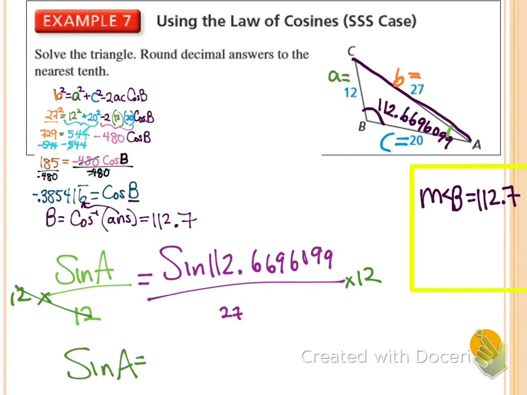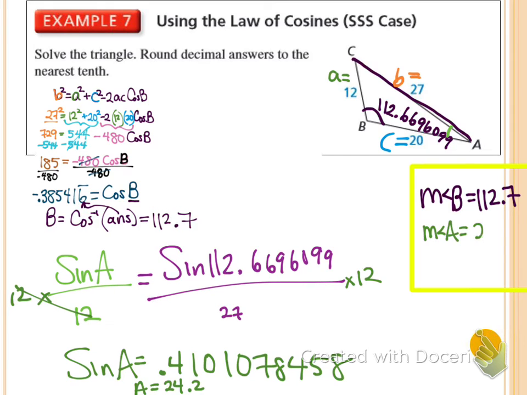Sine of angle A equals, go ahead and start typing into our calculator, a fraction, sine of 112.669699 over 27 times 12. 0.410107845. Shift sine to get my angle by itself, and we're going to get 24.2.